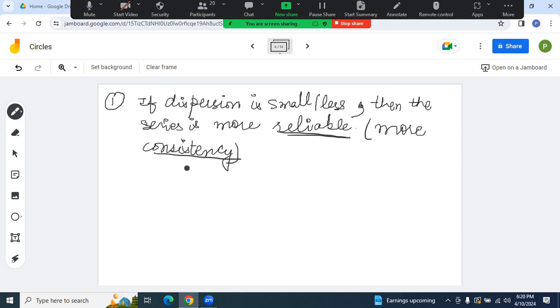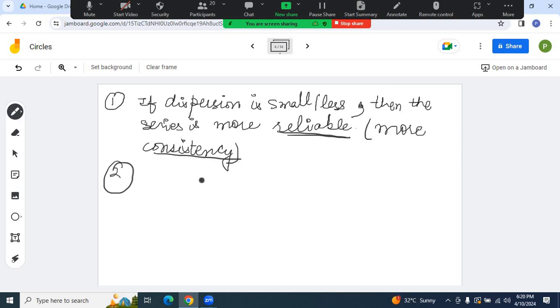If the variation is unequal in any way, then it is not reliable. It will have very, very poor consistency. And if you know the proportion, variation is less. If you know the accuracy, then that batter will be more reliable, more consistent.